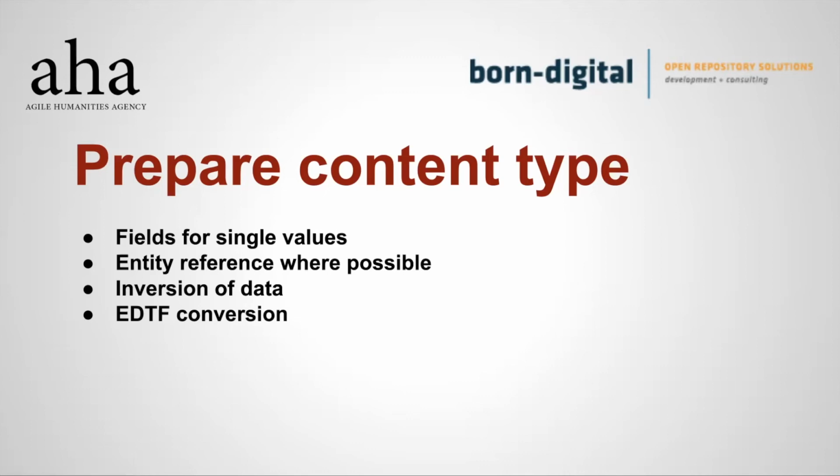So inversion of data is something that I talk about. Sometimes when you're organizing your data, it makes sense to express it backwards. Maybe the best way to put this: one of the things with XML is that XML is nested and CSVs are not.